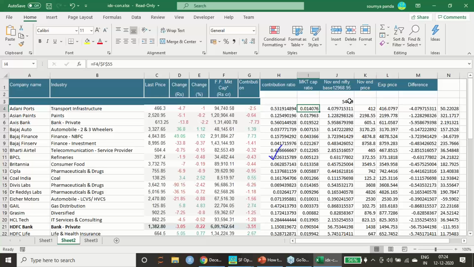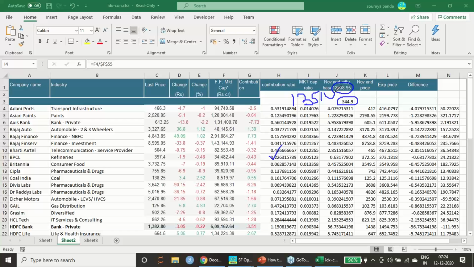November end, Nifty was at 12,968.5. Currently we are at 13,514.